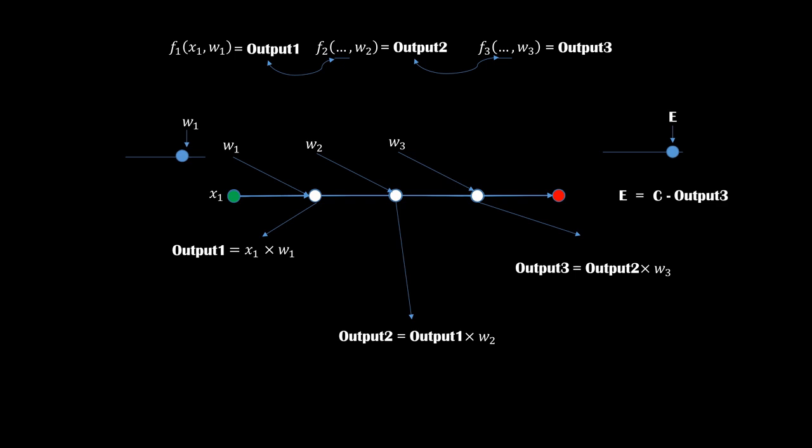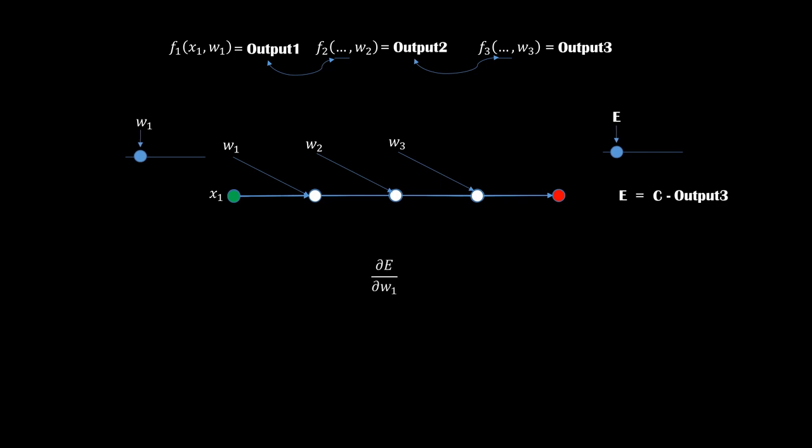Now the question is, how do we adjust the weights so that the error reaches its minimum possible value? We can start with derivatives and the chain rule. Let's begin with the weight of the first neuron.